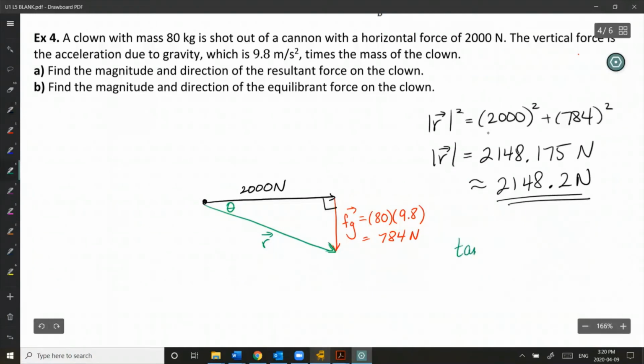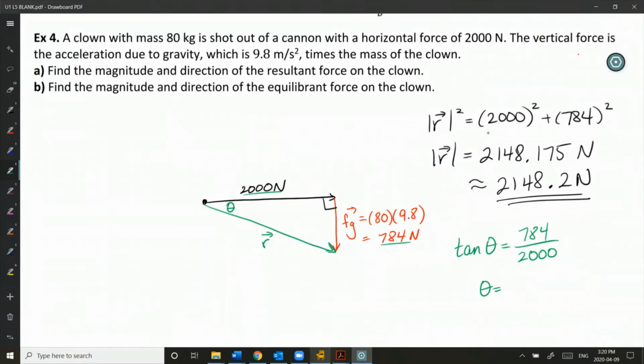As I mentioned before, maybe we'll just use tan so that we can use the sides that we've already been given. That would be opposite over adjacent. Do tan inverse of that value, and we'll have our angle. So that gives us 21.4 degrees.